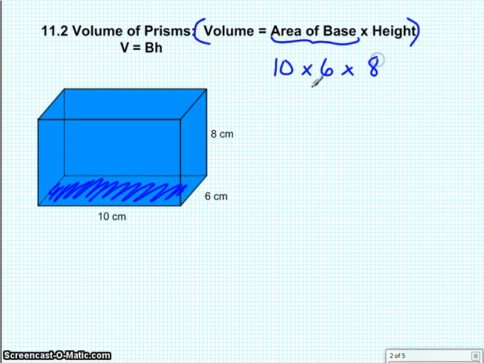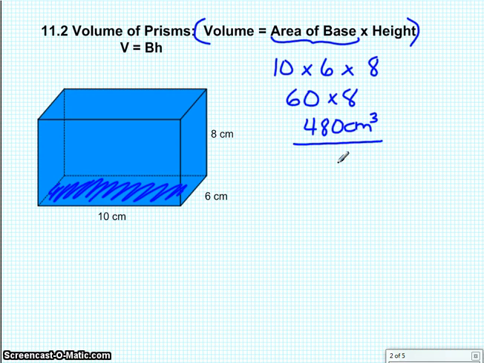So it's going to be 10 times 6 times 8. 10 times 6 is 60, times 8 comes out to be 480. Now let's check our units. It is in centimeters, and remember it's centimeters cubed. So that is the volume of this rectangular prism. Remember, we take the area of the base and we multiply it by the height.